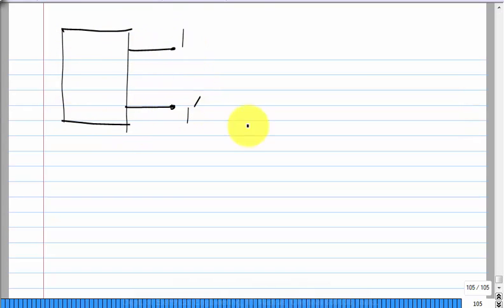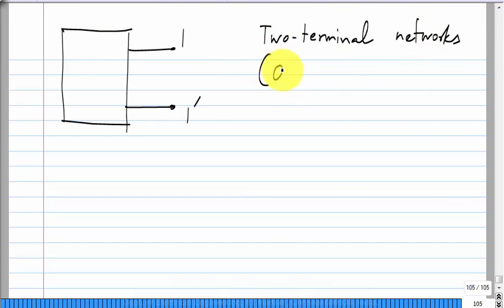So, now we have looked at networks with two terminals exposed. This two terminal network is also known as a one port network.